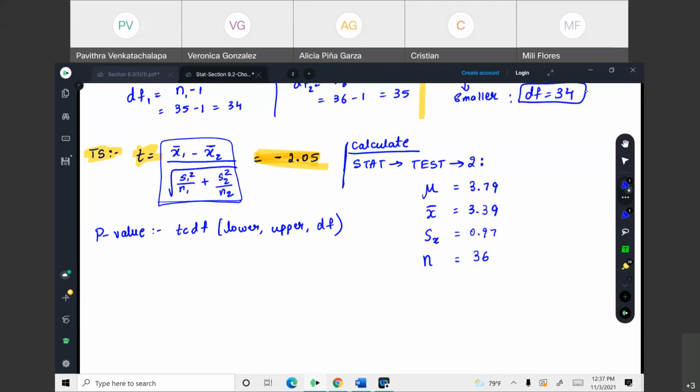It is asking all the data. It is asking for n1, n2, x1, x2, sx1, sx2. You didn't get that? Yeah.